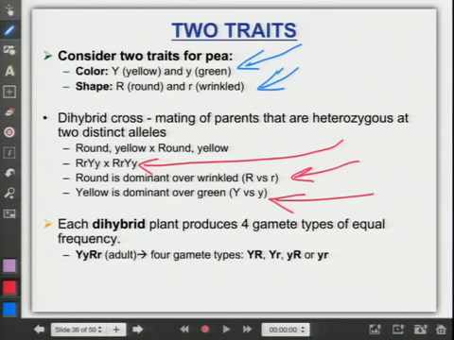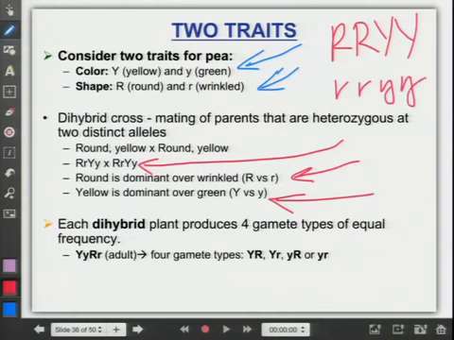So it's the same for a two-gene cross, except we're just looking at both, what am I looking at? Color and shape. So we'd set up the parental, which has to be true breeding. One parent could be true breeding dominant, the other could be true breeding recessive.